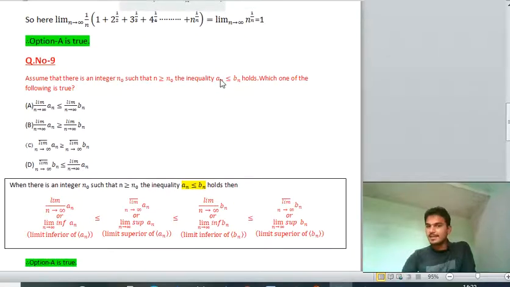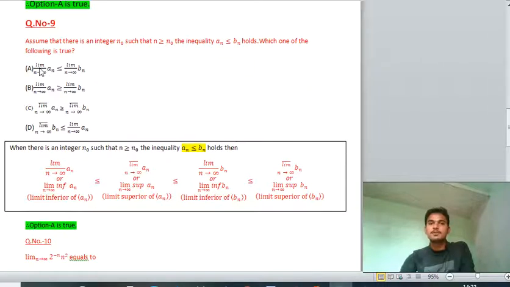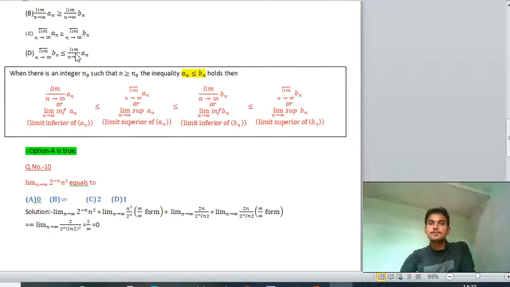Here an is a sequence and bn is a sequence, and the sequence an is less than or equal to the sequence bn. Which one of the following is true? It is given that the limit inferior of an is less than or equal to the limit inferior of bn, and four options are given.